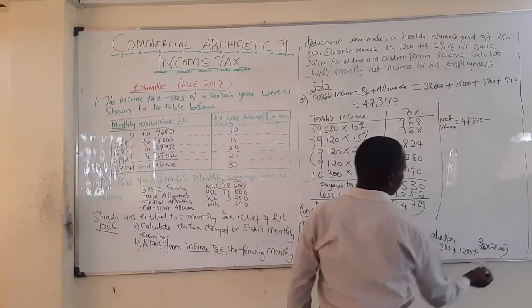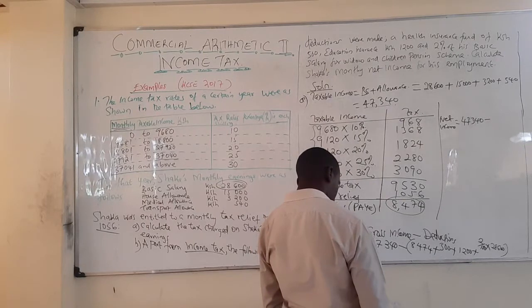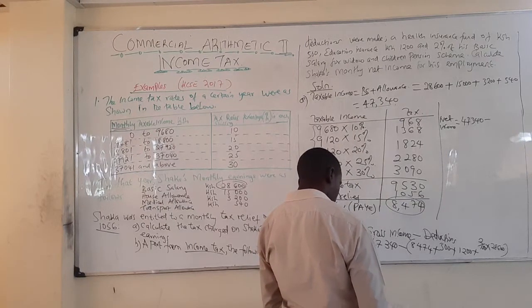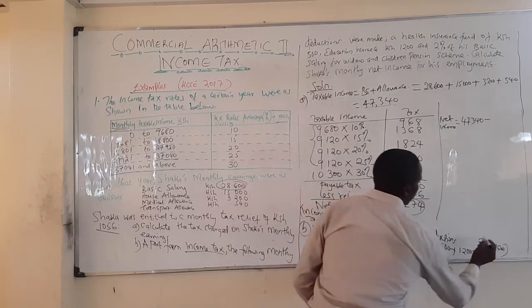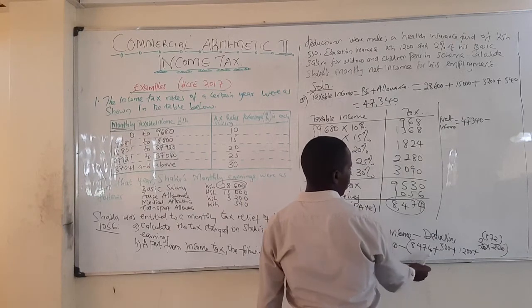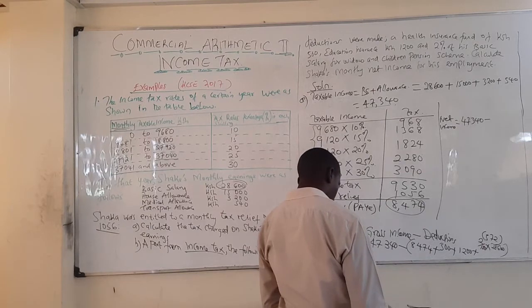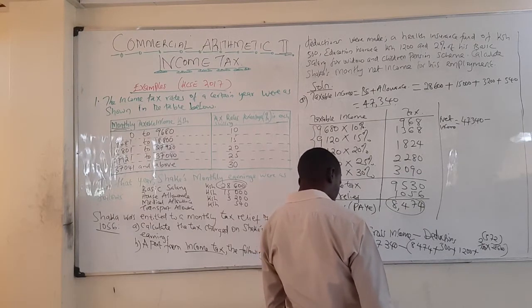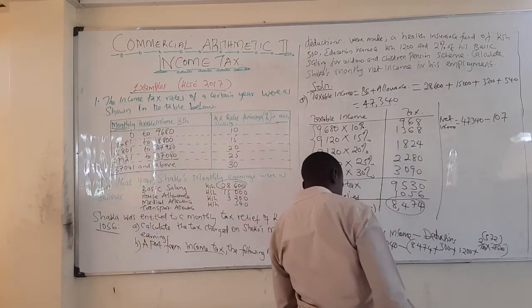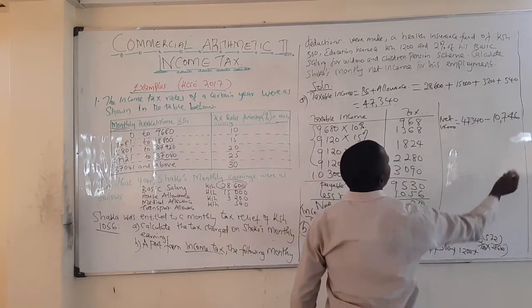So 2% of 28,600 is going to be 572. So we add 8,474, 500, and 572, and the total is going to be 10,746. So those are the total deductions.